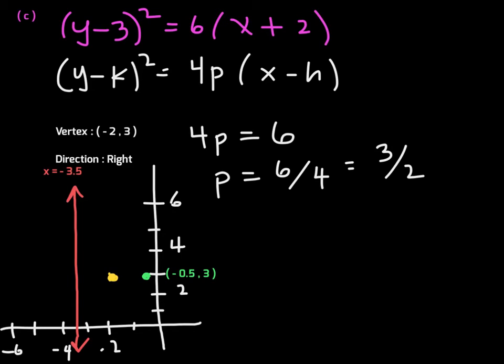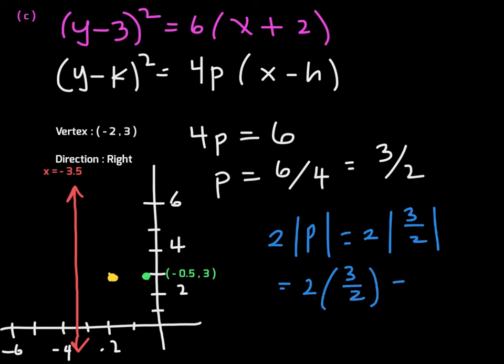So all we really need to figure out now is the endpoints of the latus rectum, which will tell us how wide opening our parabola is. Now, do you remember that the endpoints can be found by taking 2 times the absolute value of p? So it'll be 2 times the absolute value of 3 halves. So it's just 2 times 3 halves, which is just 3.